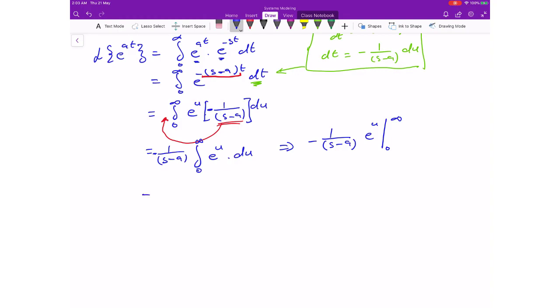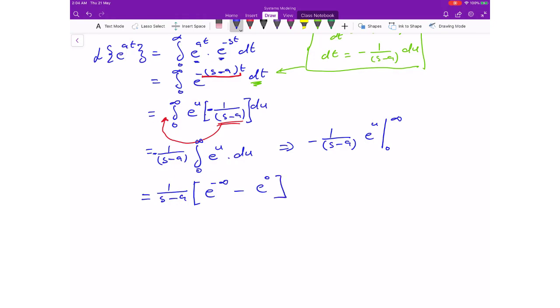It's equal to 1 over s minus a multiplied by, as t goes to infinity, e to the minus infinity minus e to the 0.